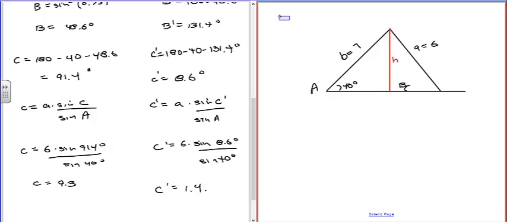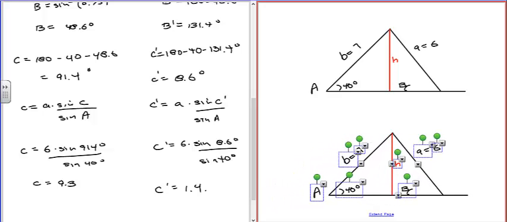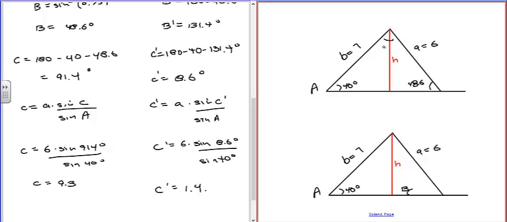I'm going to copy it and put it down here so we can show both scenarios. So this would be angle B, which is 48.6, and angle C up here is 91.4, and side C here is 9.3.